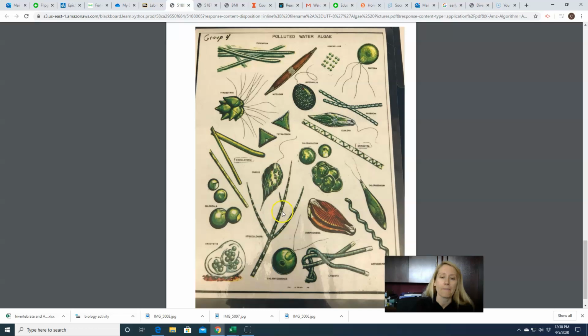So in any case, I know where Chlamydomonas is. Chlamydomonas happens to be a polluted water algal species, so it's right here. It's this thing that kind of looks like a circle with an eye spot and 2 tails. Little alien looking. So that's Chlamydomonas. So then on my sheet, I would go to group 4 and I would write Chlamydomonas, okay? I'll do the same thing that I did in the previous.